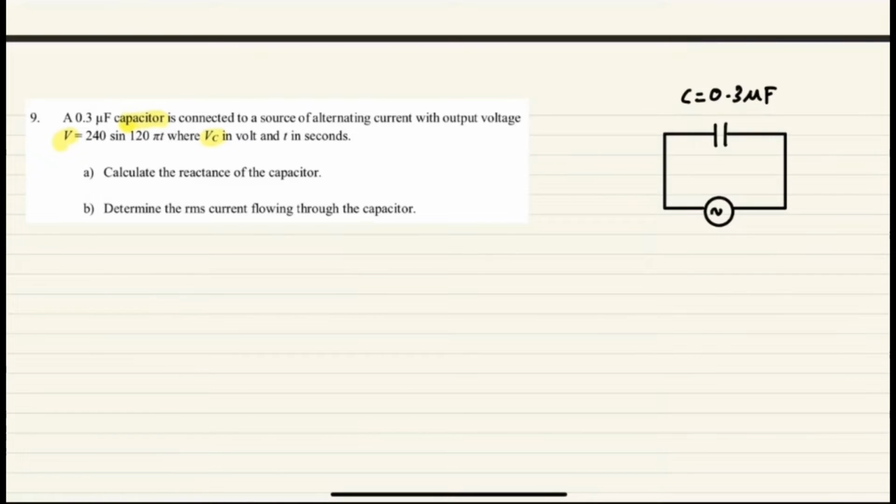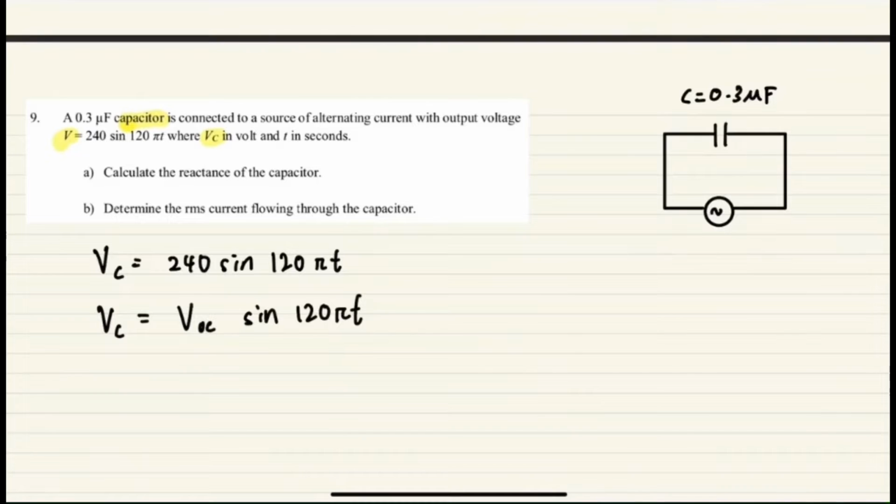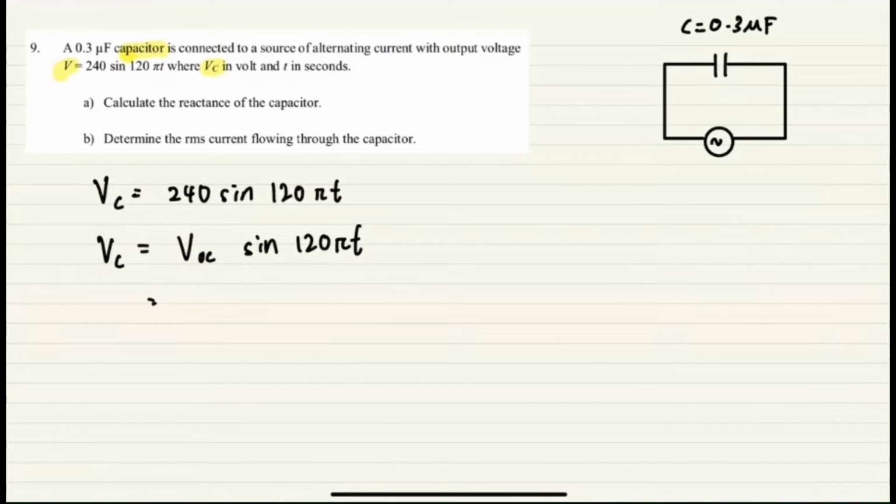Okay, so you are given an equation VC equals 240 sin 120 pi t. This information actually sits here, but it is equal to VRMS in this case, since there are no other components. So you can compare with the general equation VC, V not C sin 120 pi t. In fact, you can ignore the subscript, whether VRMS or V not, since there are no other components.